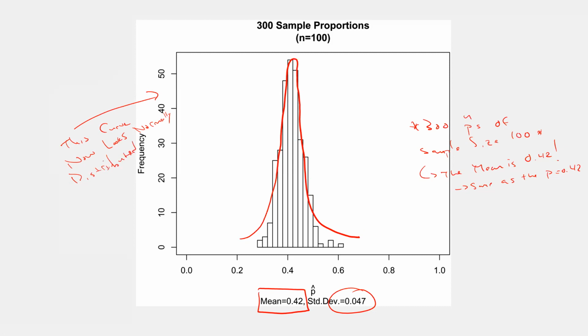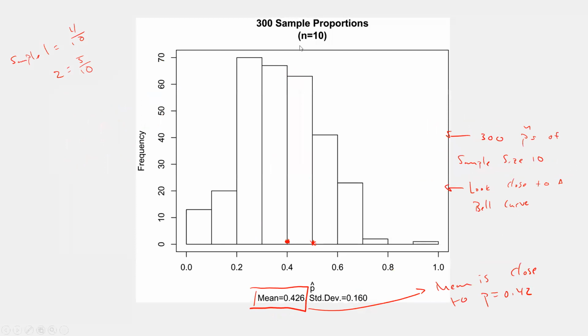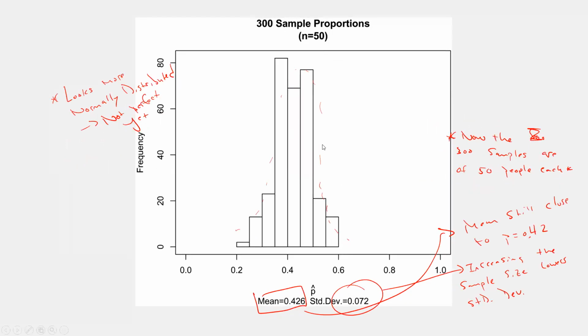So this is what I'm kind of hinting at. P hat is just like X bar, in the sense that it's a sampling distribution. If you look at enough different p hats, it'll be normally distributed. But in this case, once you hit a certain sample size, the sampling distribution of p hat will follow this bell curve. It didn't do it when it was 10. It didn't do it when it was 50.